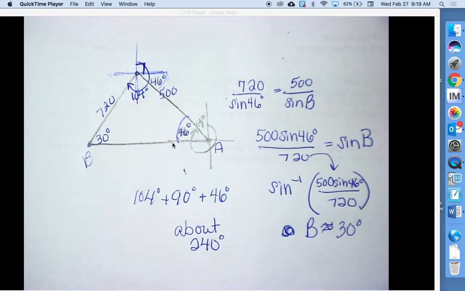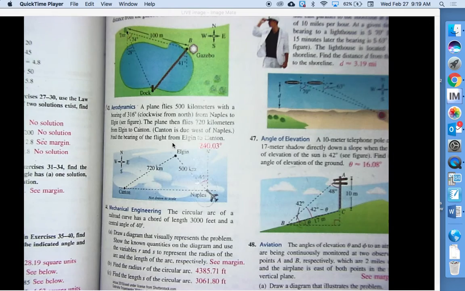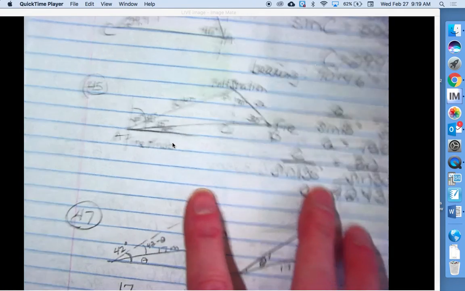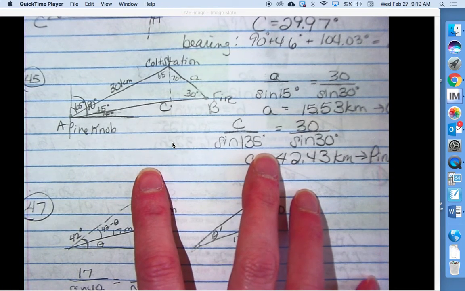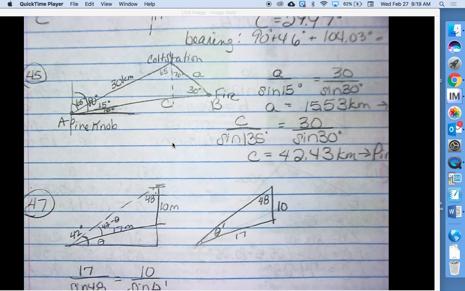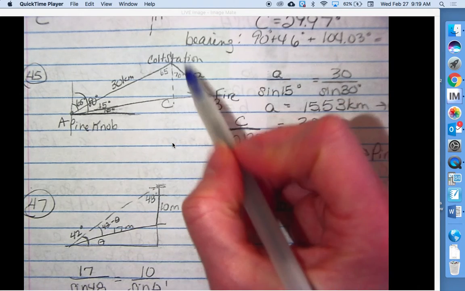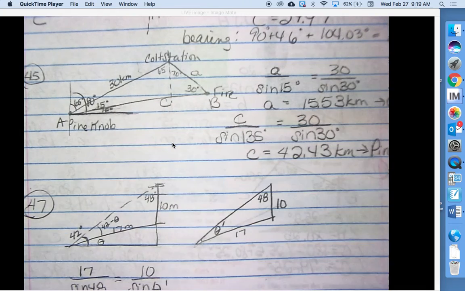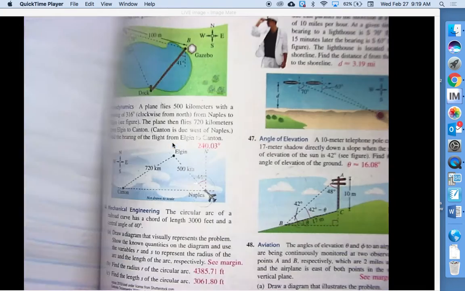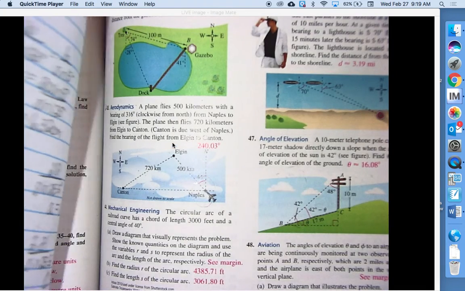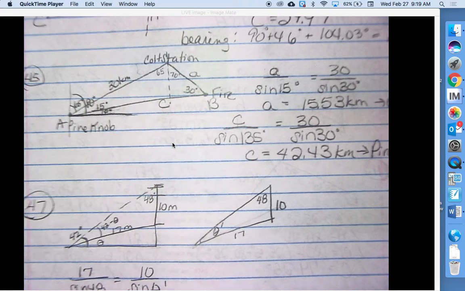I can show you my diagram for 45. So 45 also uses the alternate interior angles to help you find the information. For 45, the angle of 70 was given, and then I think the bearing was given as well. Yeah, the 65 degrees.